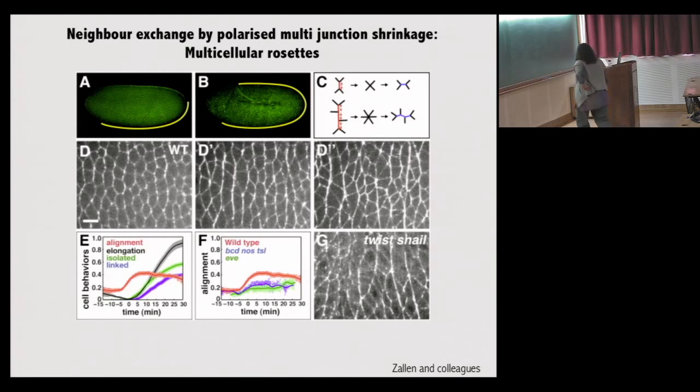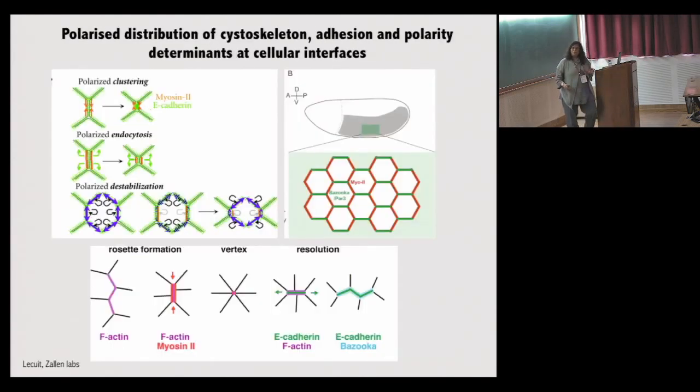What I'm going to now show you is a summary of what people have seen with respect to what happens to proteins during these transformations. And here we're just looking at the shrinkage of these DV-oriented junctions. What people have found is that myosin becomes enriched at the shrinking junctions relative to the non-shrinking junctions.